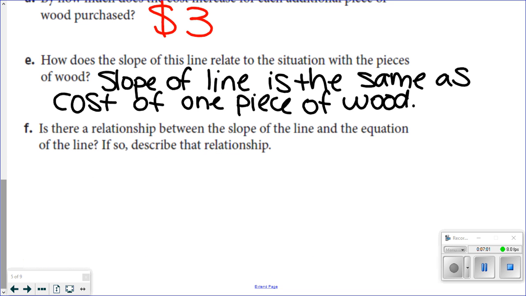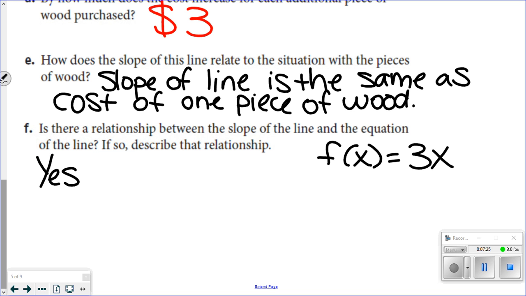Question F. Is there a relationship between the slope of the line and the equation of the line? And if so, describe the relationship. Well, the equation of the line, if you remember, was this. F of x equals 3x. The slope is 3. So yes, I see a relationship.